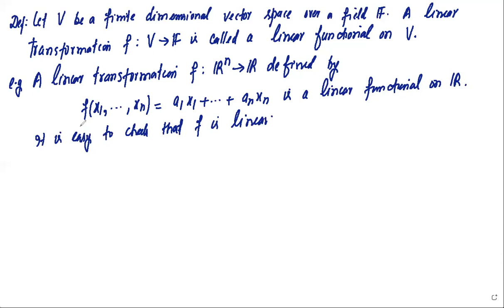Now, before giving more examples of linear functionals, we will prove that if we have any linear functional from Rn into R, then it has this kind of a shape. So let's do it in the form of a proposition or a remark.